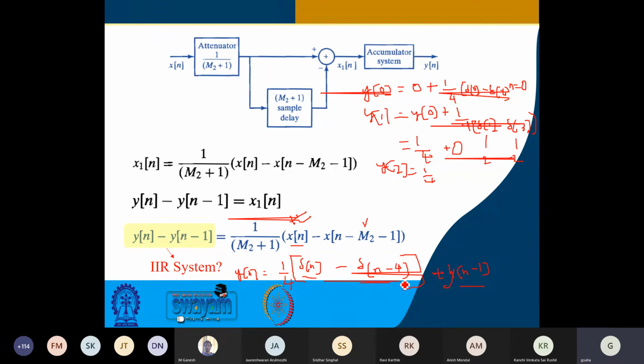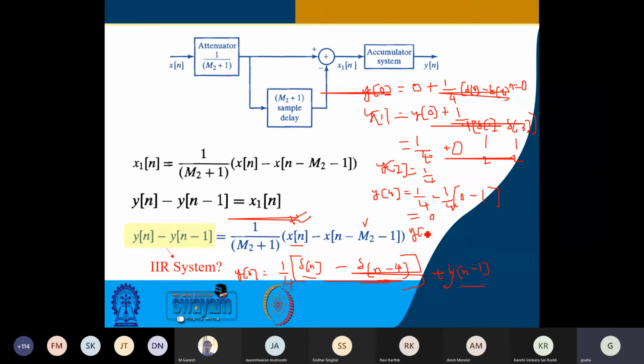At n equal to 4, this becomes 0. So y4 is y3, which is 1 upon 4, minus 1 upon 4 del 4, which is 0, minus del 4 minus 4, that is 1. So this 1 upon 4 cancels out, so this is 0.